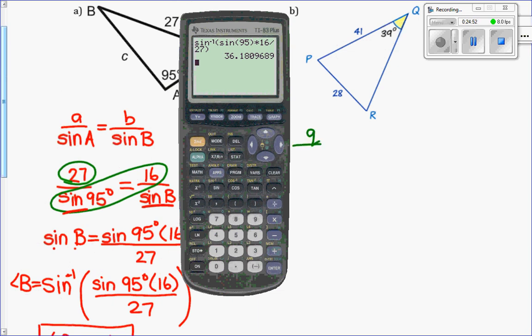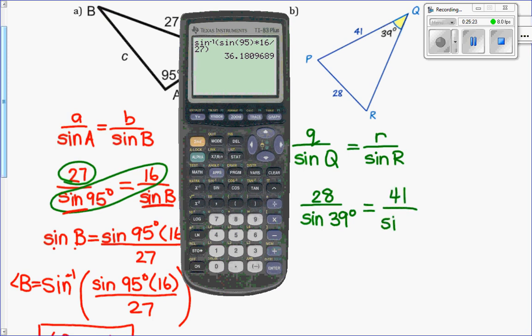So we're going to go Q divided by the sine of angle Q equals, let's see, the piece of information we have is side R over the sine of R. So we have Q, which is 28, divided by the sine of angle Q, which is 39 degrees, and that's going to be equal to R, which is 41, over the sine of R. This is the piece of information I'm going to multiply together.